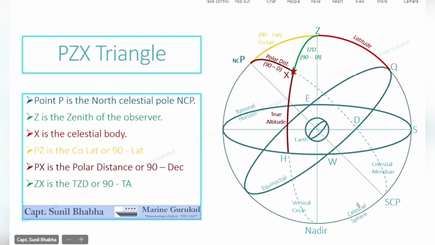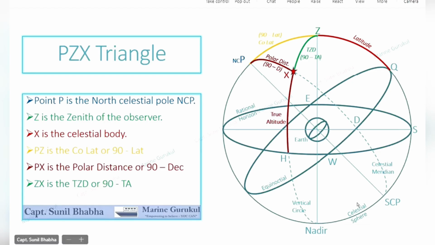Second thing, we are measuring from equinoctial to this pole, sir. So that is for polar distance, and the third one we are using for latitude, for co-lat. So again, you are right, beta. There are three things, three parts. Three things and three different circles we are using.